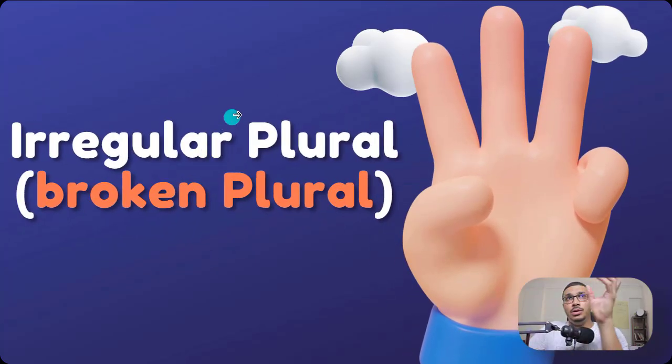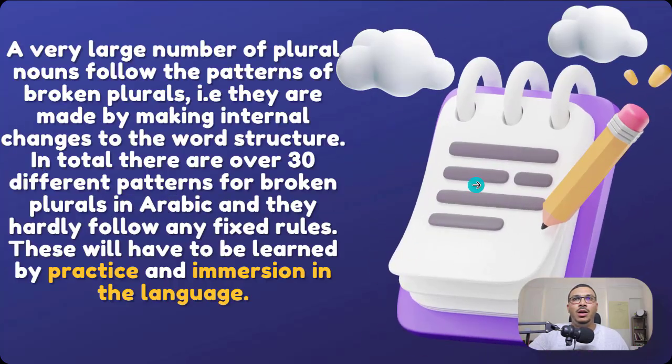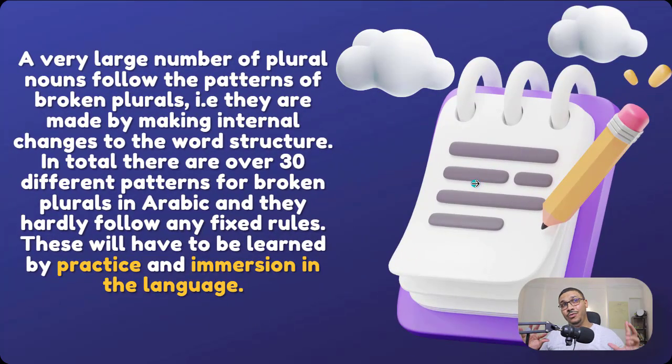So here we are with irregular plural, or you can call it broken plural. That's the majority of the words. We have a note here. A very large number of plural nouns follow the patterns of broken plural.